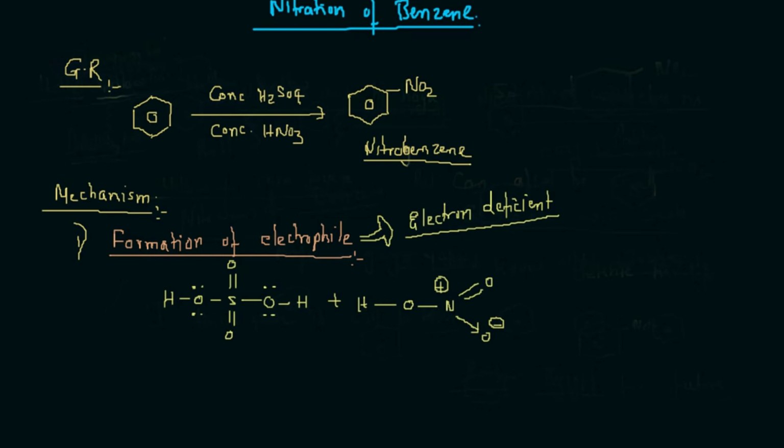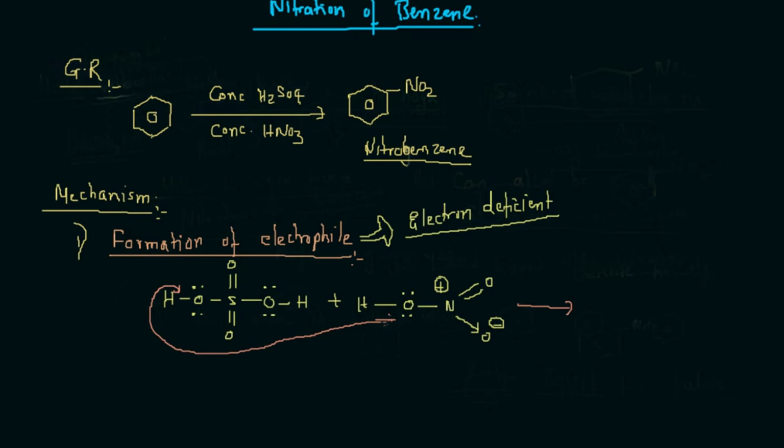Among nitric acid and sulfuric acid, sulfuric acid is the strongest acid, so it will lose its proton, which is transferred to the oxygen of this nitric acid. So the proton from here will go to the oxygen. We have to always show the arrow from positive to negative.